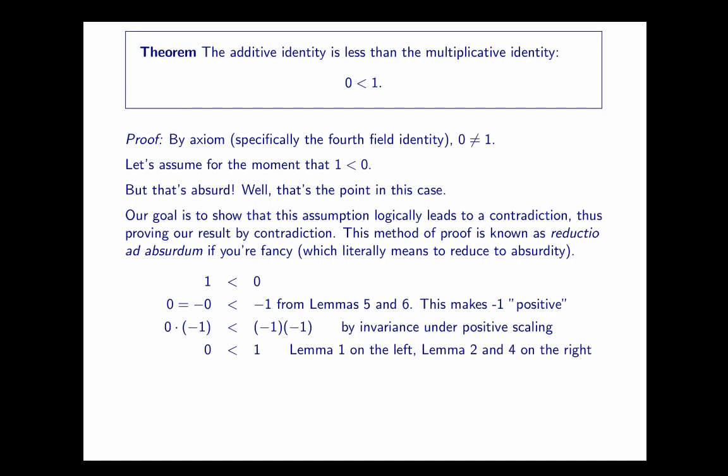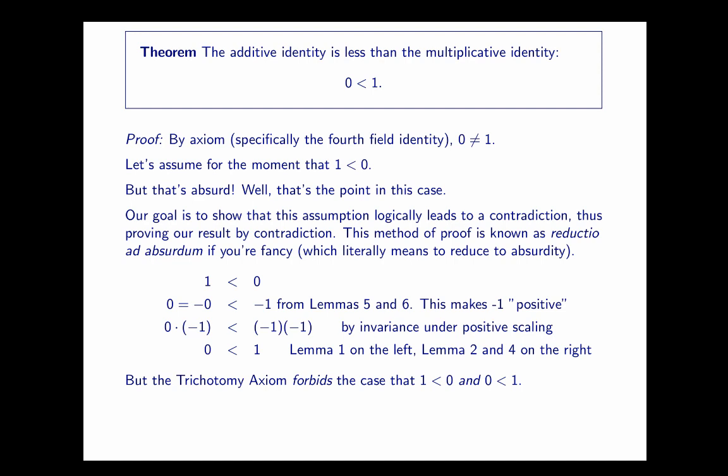Well, 0 times any number is 0. We've already established that in a previous lemma. And negative 1 times negative 1, we've established that that is 1. So if 1 is less than 0, then 0 is less than 1. But that's impossible. The trichotomy axiom forbids the case that 1 is both less than 0 and greater than 0.